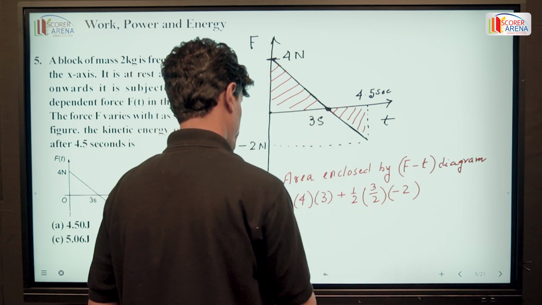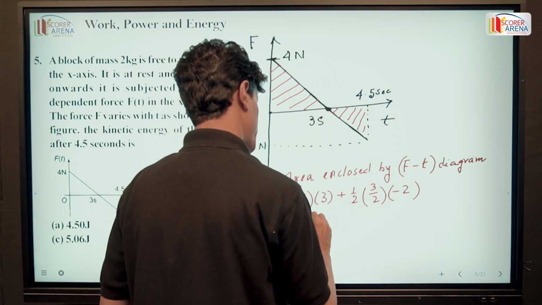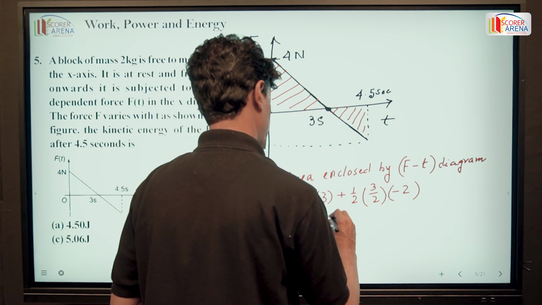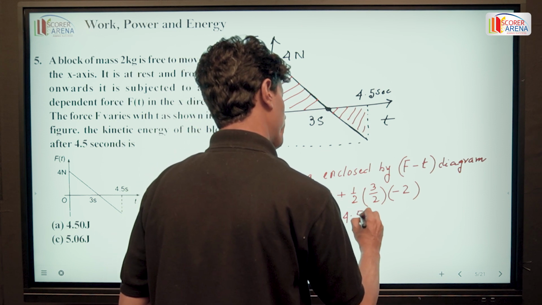So therefore this is 6 minus 1.5, that is 4.5.